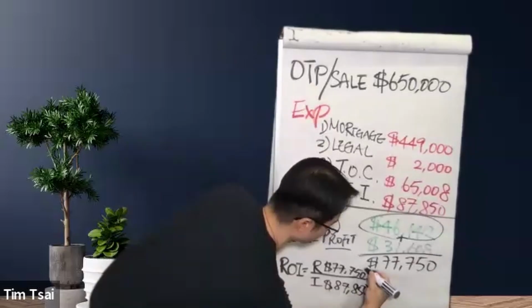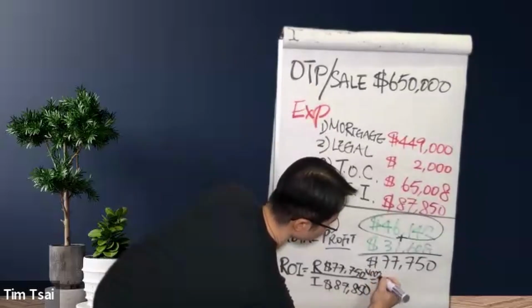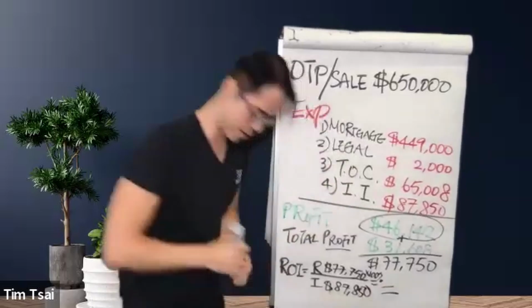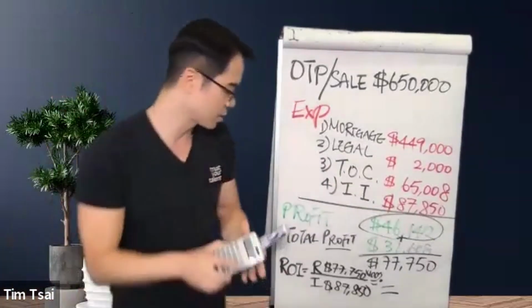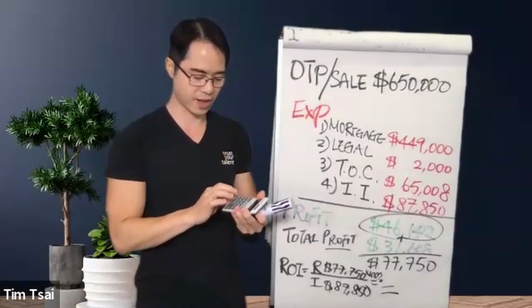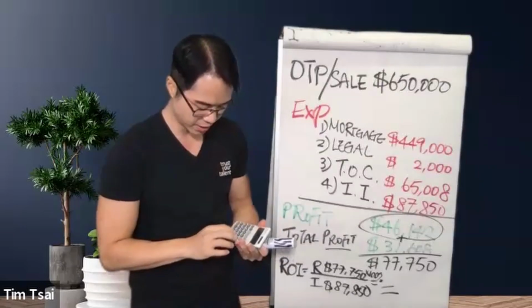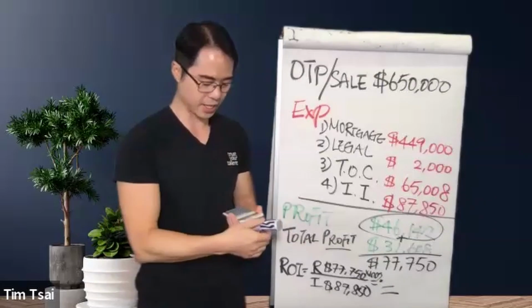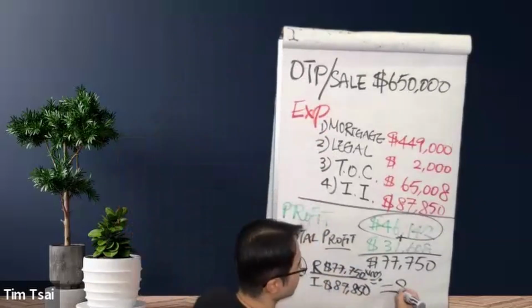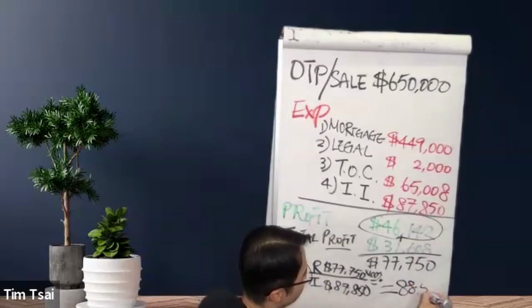Okay. And then you want to multiply by 100%. So the number here now, okay, let's punch it in. 77,750 divided by 87,850 times 100%, you are getting 88.503%. So 88.5.